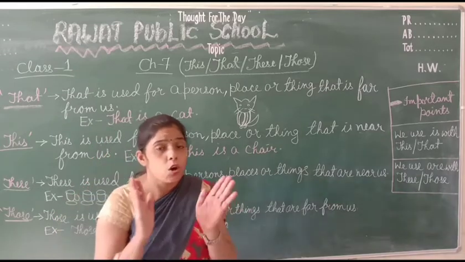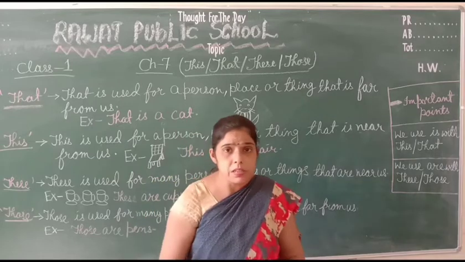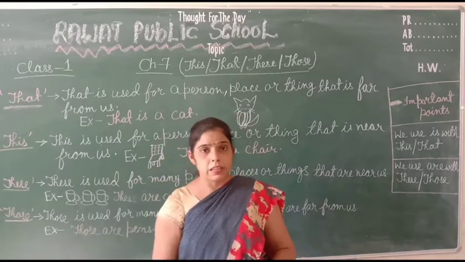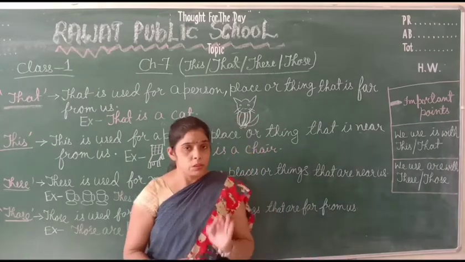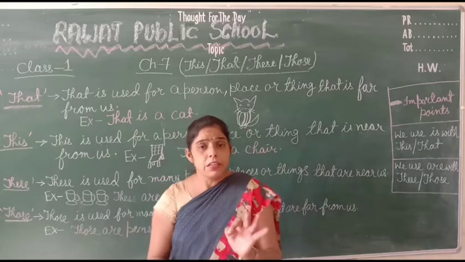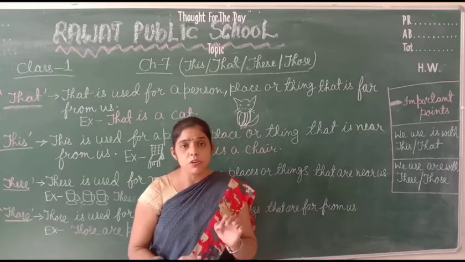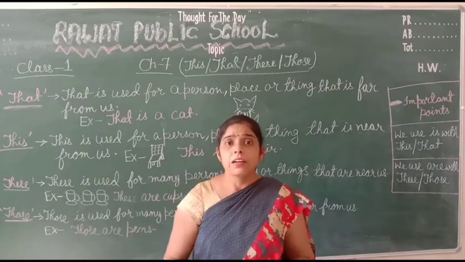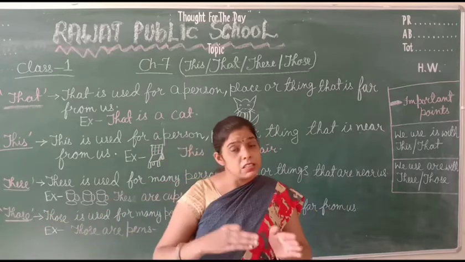This और these दोनों ही near person, place, animal और things के लिए यूज किए जाते हैं. But here is a little bit of difference. यहाँ पे थोड़ी सी difference ये है. We use this for singular and we use these for plural. हम plural के लिए these का use करते हैं.